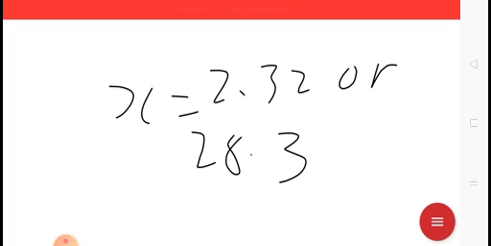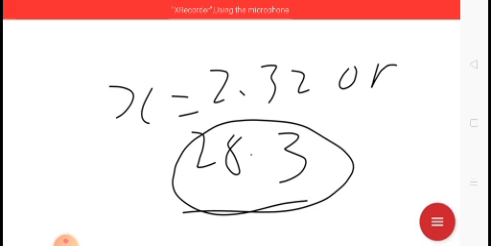As this question is projected upwards, and they ask you to find the descending distance, it means the larger one, because it has already gone up and down. So the answer is x equal to 28.3. Right, so this is the answer for question 4.